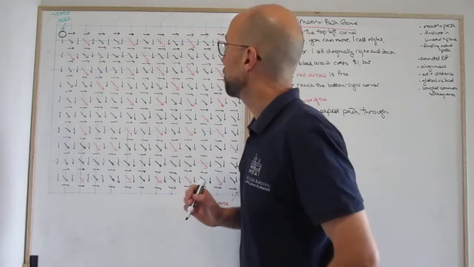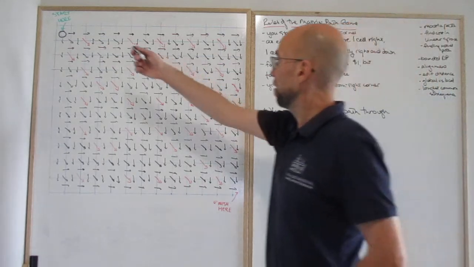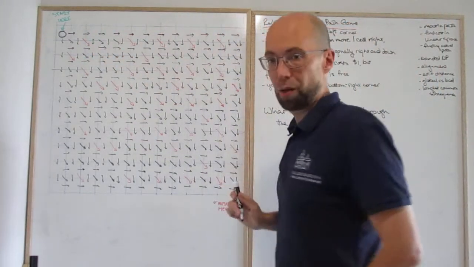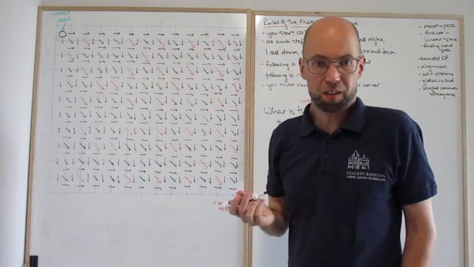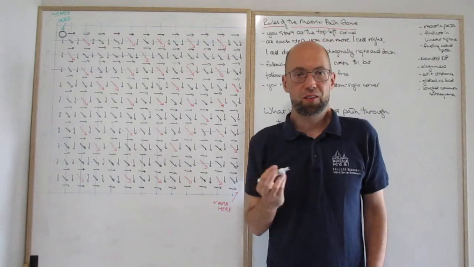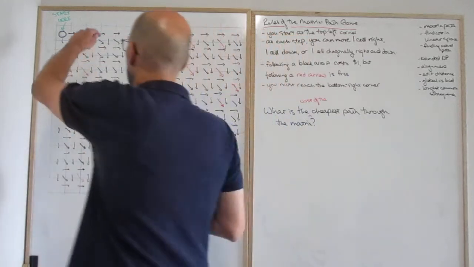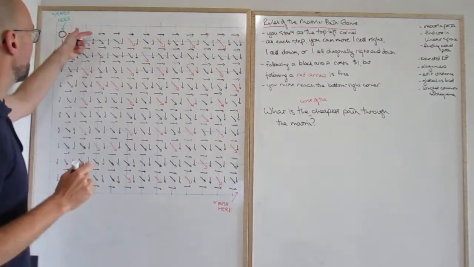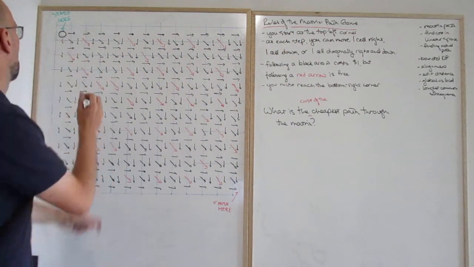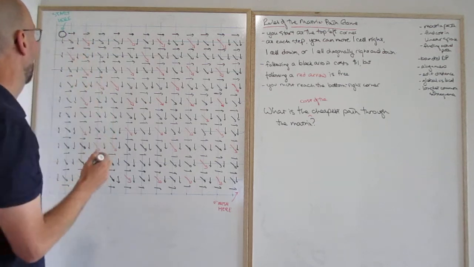Okay. So notice that it's easy to figure out what the top row is, right? Because I told you that the reds are only ever diagonal. So if you want to go here, the only way you can go from here to here is by crossing two black arrows.